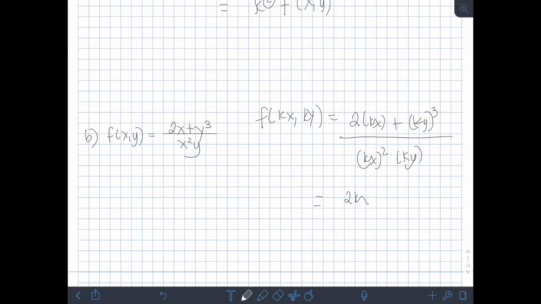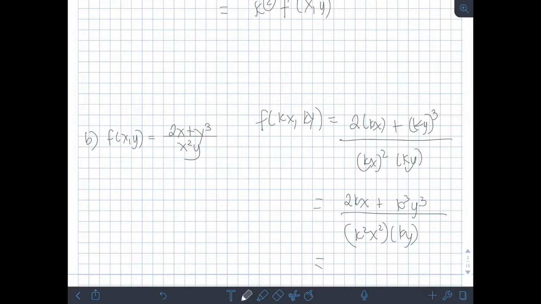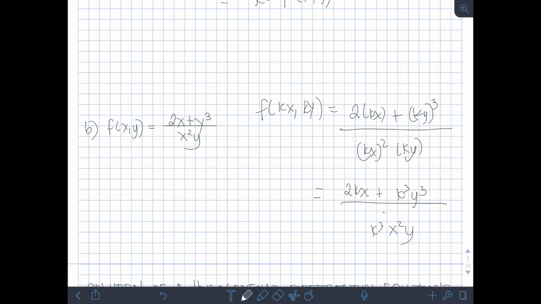We have 2kx plus k cube y cube over k squared x squared times ky, or simply, pagsamahin na lang natin agad, k squared times k is k cube tapos x squared y. So, parang k cube x squared y. So, pwede ba nating ma-factor out yung k in such a way na meron siyang exponent na common sa kanilang tatlo? So, try natin kung ma-factor out ba natin yung k. Yes, meron tayong ma-factor out na k kasi yun yung lowest exponent, diba?